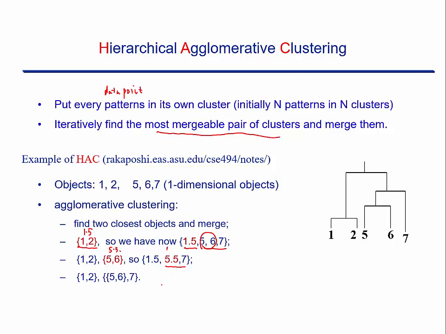Now we represent the final clustering result in this way. This means 1 and 2 are merged first, and then 5 and 6 are merged. After that, the cluster of 5, 6, and 7 is merged. Then finally, they are put into a single cluster with all the data points.